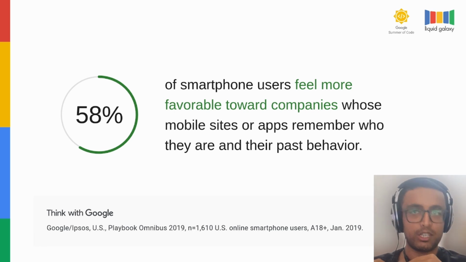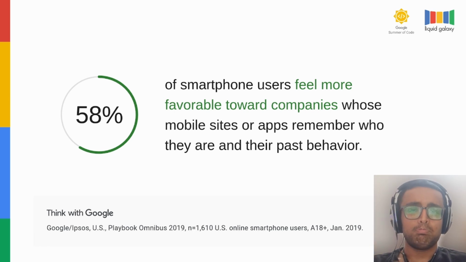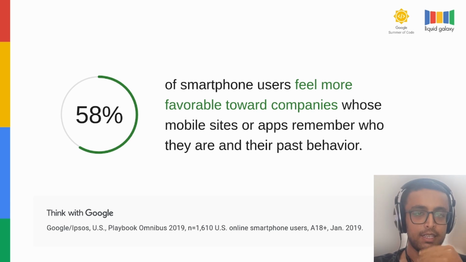Here is another interesting data from Google yet again. What it is basically saying is that a user wants an app to remember their choices and preferences, so the next time they return to the app, they see stuff related to their preferences and choices. 56% of the users want that.